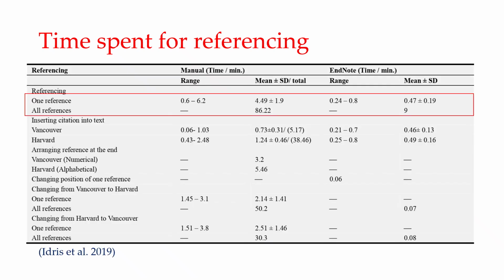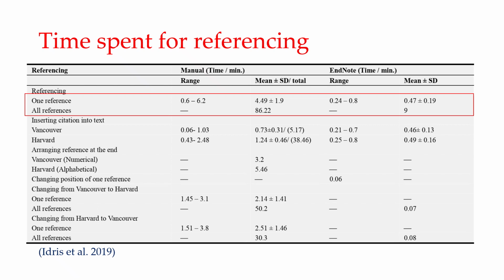And here is a slide that is indicating the time spent for referencing. For example, in the first column, you can see referencing manual, then using the EndNote, then the range, then mean plus standard deviation. One reference, when you are citing it manually, may require 6.6 to 6.2 minutes.